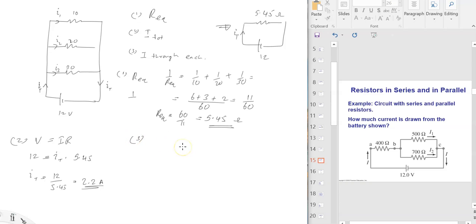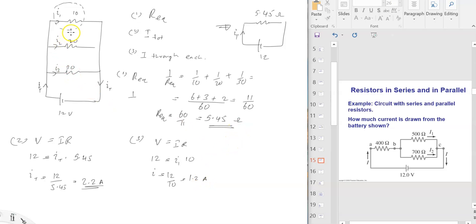Number 3, current through each resistor. We can use Ohm's law for each single branch. Starting from the first one, V equals IR. Voltage is going to be 12, resistance 10, so current is 12 over 10, 1.2 amps.